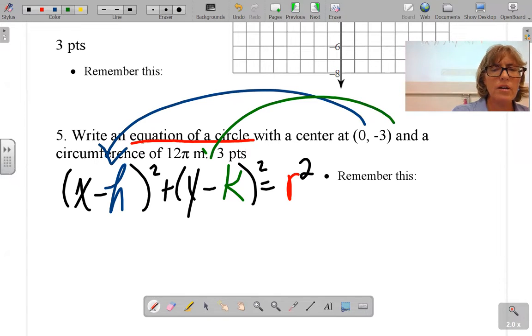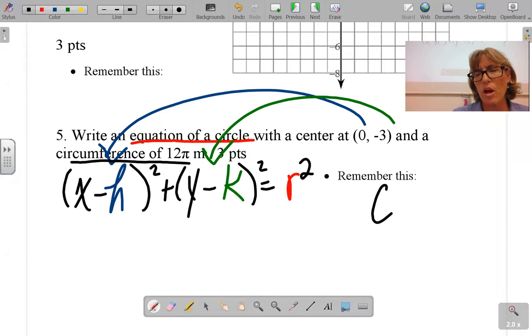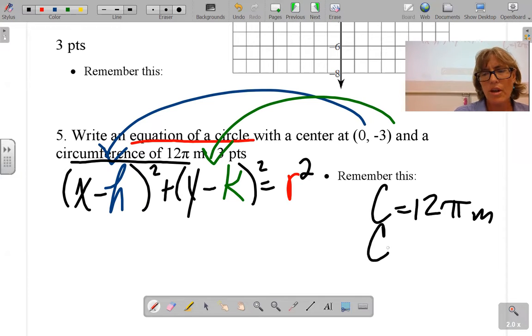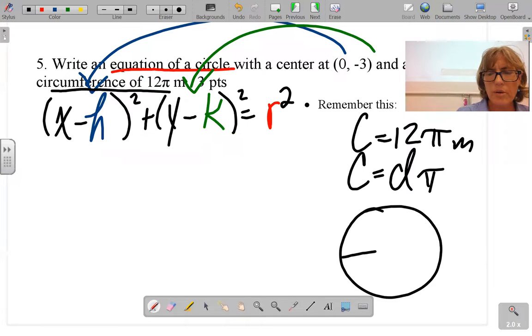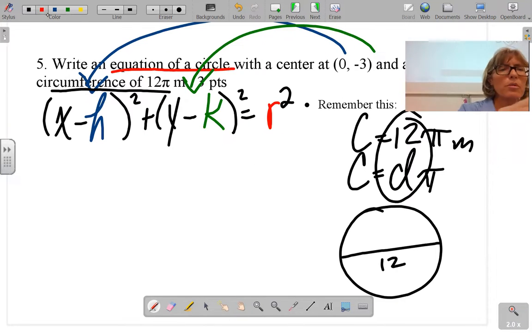Your k goes right there. But we're missing the radius. Look what we're given. We're given the circumference equals 12 pi meters. C equals d pi, which means if you draw a picture here, your diameter is 12. That would make your radius to be 6.